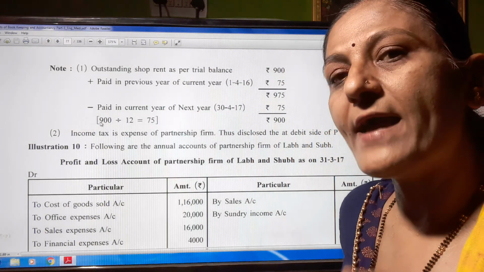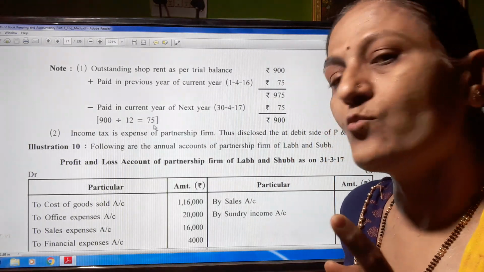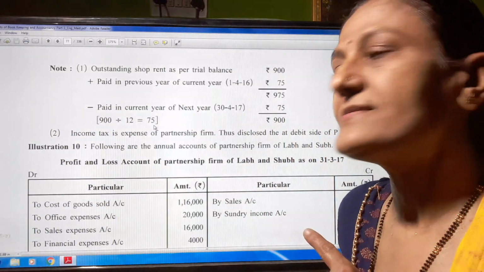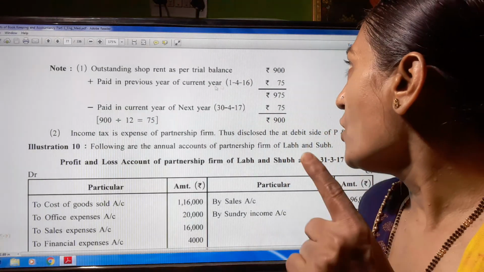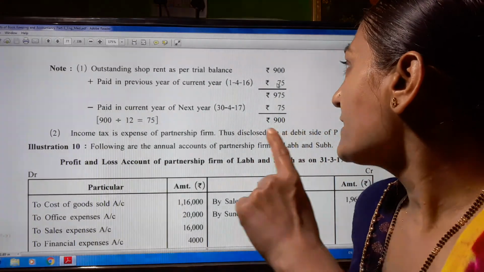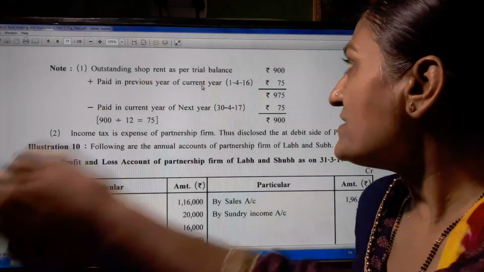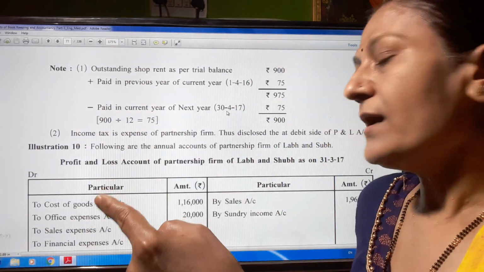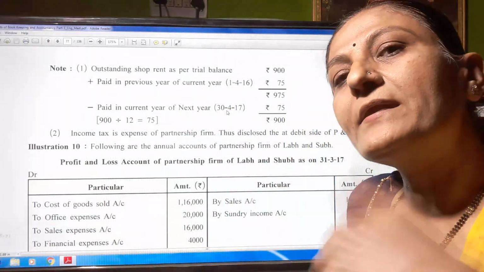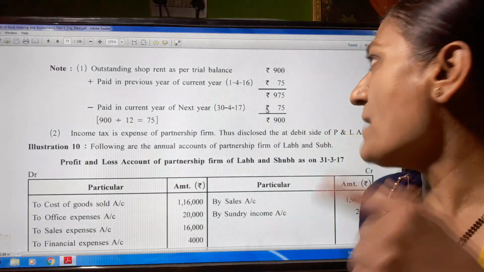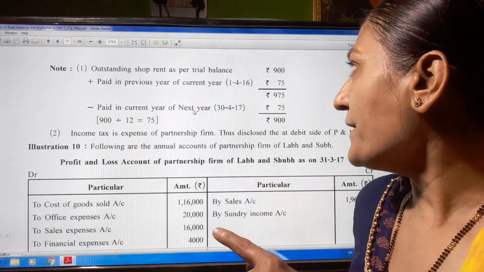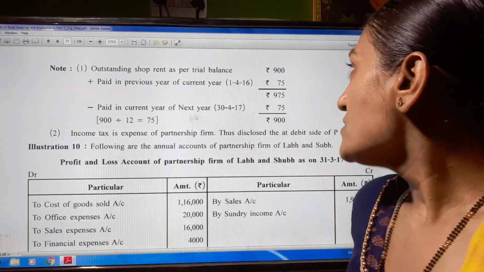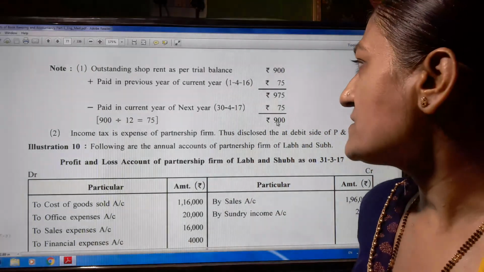So 900 divided by 12, then we get 1 month's shop rent as 75. And 1 month was paid in the previous year for the current year, so add this amount, and paid in the current year but for the next year, so minus this because it is prepaid. So this way we get 900 rupees.